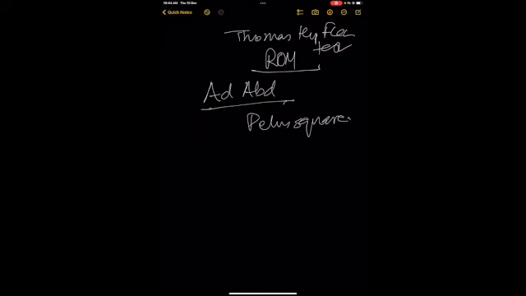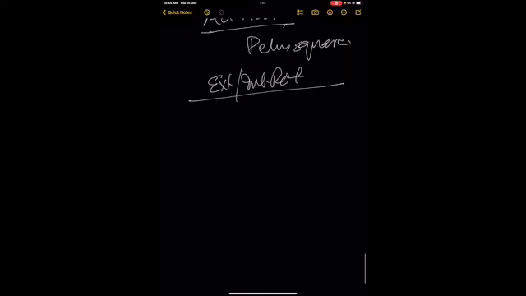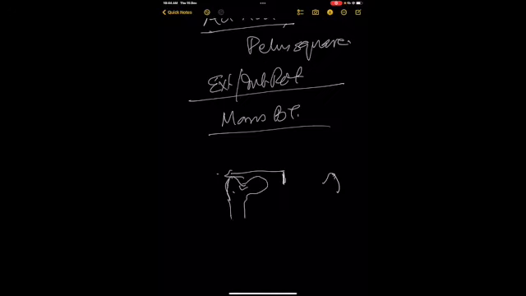And the third can be the external internal rotation axis. After testing movements and deformity, you go on to test Morris's bitrochanteric test. That means from pubic symphysis, the distance to the tip of trochanter. If it is closer, that means there is a central dislocation of hip. Okay.